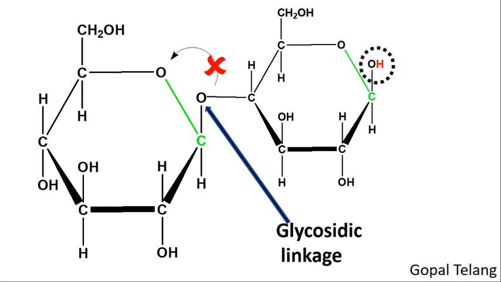But if we observe, the second ring possesses that OH group, and therefore there is a free hemiacetal group, which can open up for the formation of a CHO group, and the second ring will react with Tollens reagent. So this first ring will not open. Remember, the second ring will open.